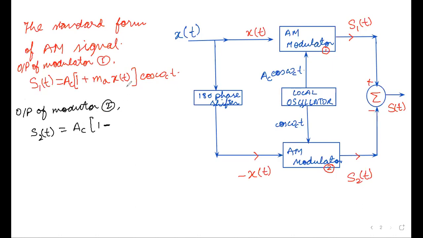It should be minus, because for modulator 2 we are getting the signal Ac cos omega ct and this minus x(t). If we put minus x(t) here, it becomes ma x(t) cos omega ct with the negative sign.